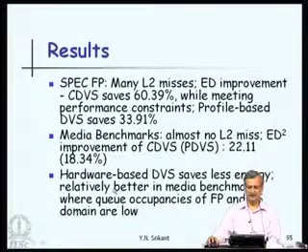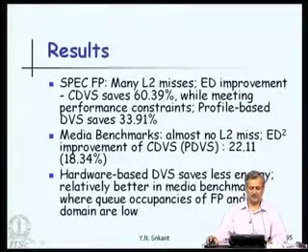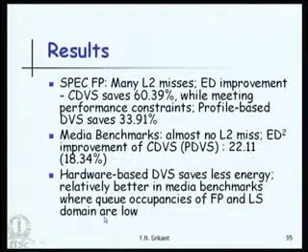In general, hardware based DVS saves relatively less energy, but it is better in media benchmarks, where the queue occupancies of the floating point and load store domains are very low. That is why the profile based hardware technique gives much better results there. Our technique is very good if there are many misses, such as L2 misses in the SPEC FP benchmarks.